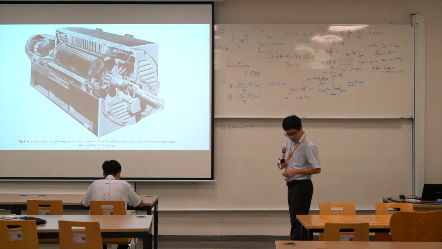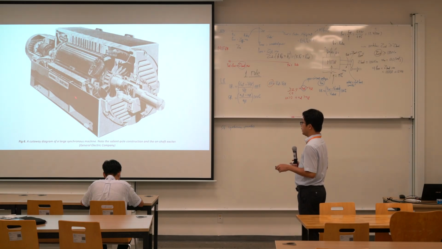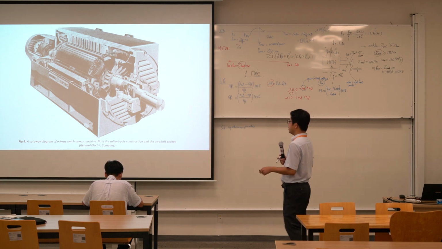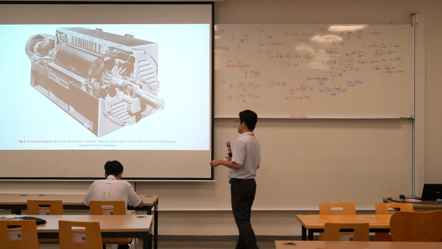Look, this is the diagram, exactly the construction of synchronous generators. We have stator, we have rotors, we have a fan, we have a rotor shaft. We have exciter here. And this is the cylinder pole construction.